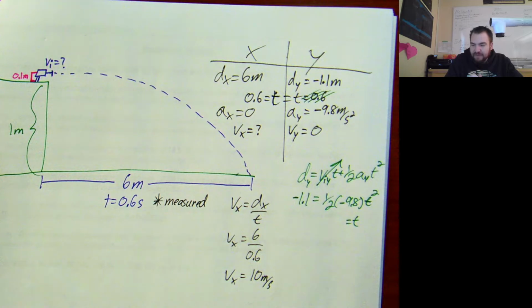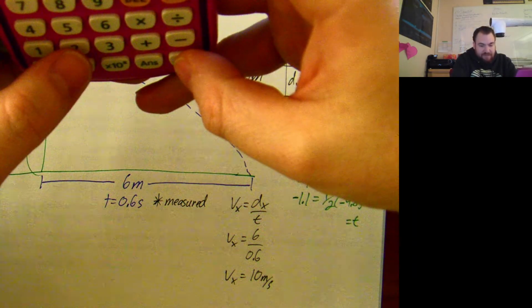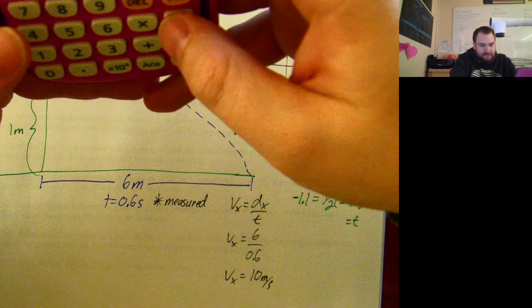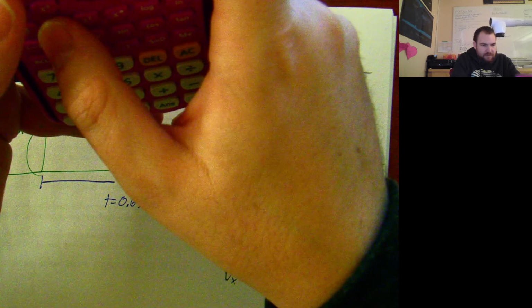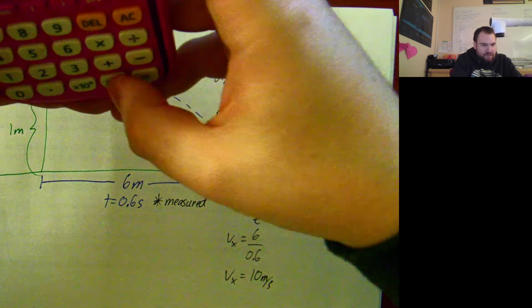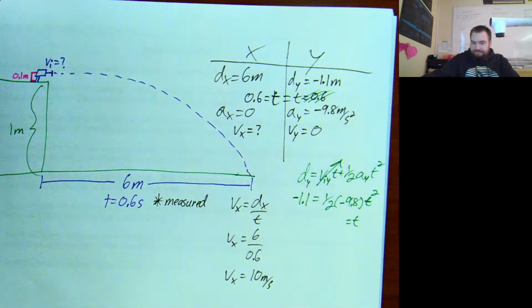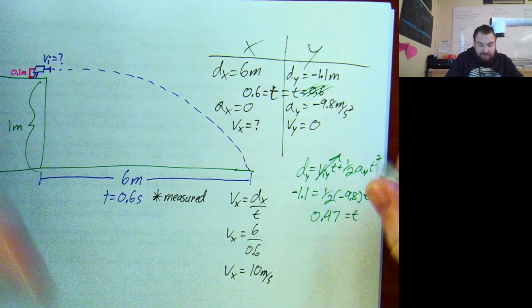I feel like it should be bigger than that. 1.1 divided by 9.8, square root. Square root answer. Okay, 0.47 is what I got.